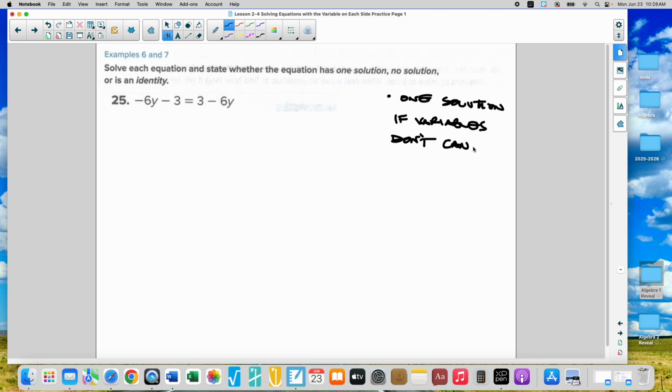Those are the ones that we've been doing. After you move the variables, if the variables don't cancel, you have one solution. If the variables cancel, we'll have infinitely many solutions, or we call it identity.